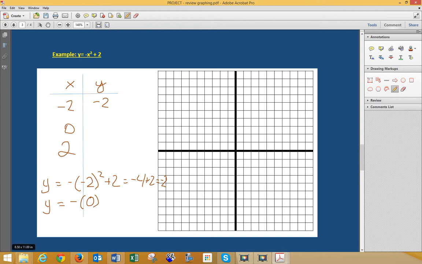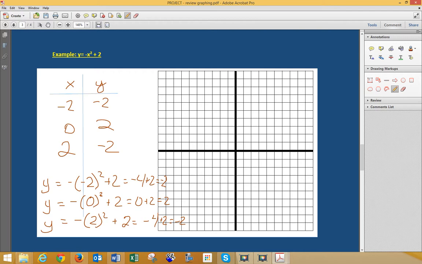And each time I'm taking the original equation and just substituting in a value for x. So 0 squared is 0, +2 equals 2. Okay, and now I'm going to try when x is 2. So that's going to equal -4 + 2 equals -2.